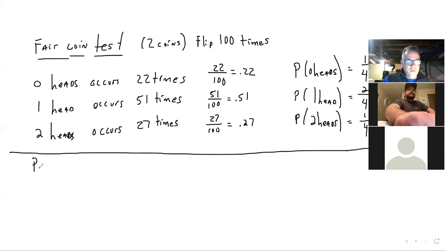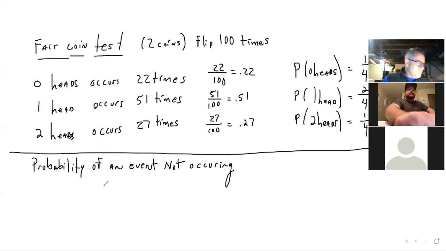If you want to know the probability of an event not occurring, and I guess it should also be pointed out when I look at probabilities, notice if I add up all these, I'm going to add up to 1, or 100%, your total.